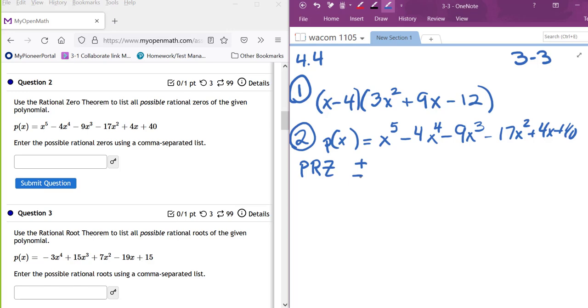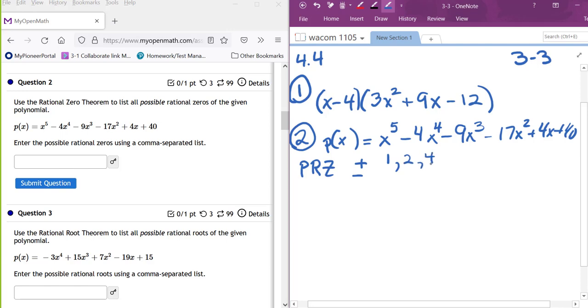So let's go ahead on this problem. This one is not too bad. We want to list the factors of 40, and we've got the plus and minus. So we have 1, we have 2, 3 doesn't go into 40.